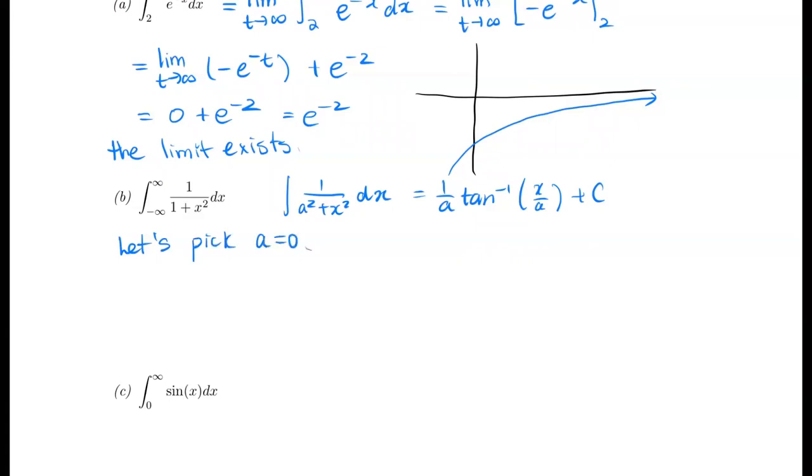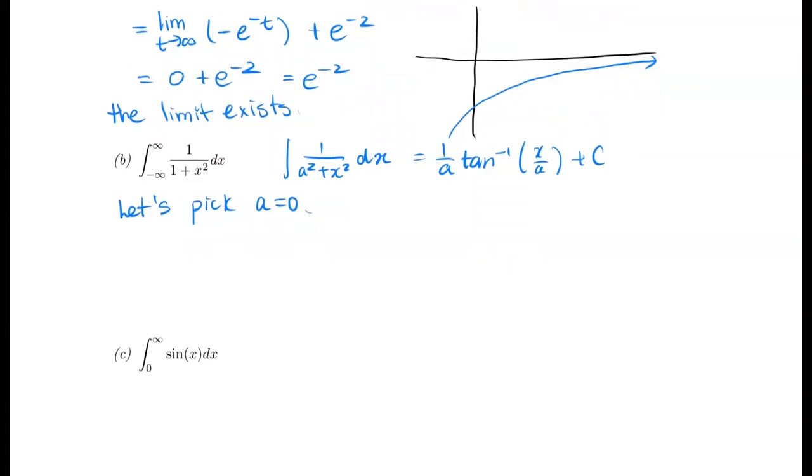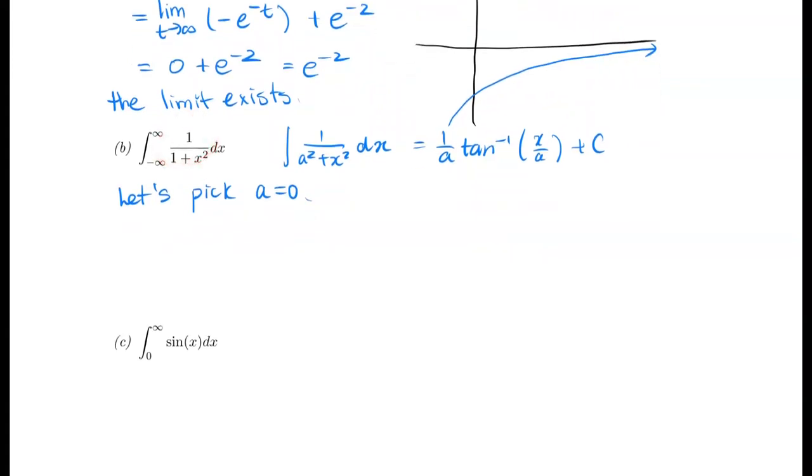Because the function here is symmetric, we could separate it into two parts: the integral from negative infinity to 0 of 1 divided by 1 plus x squared, plus the integral from 0 to infinity of 1 divided by 1 plus x squared dx.